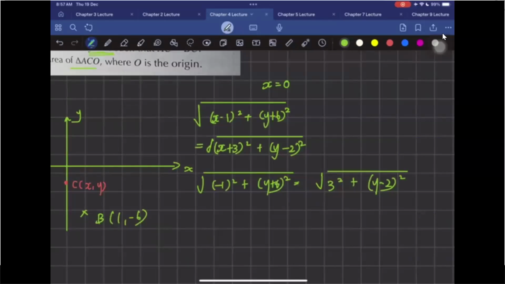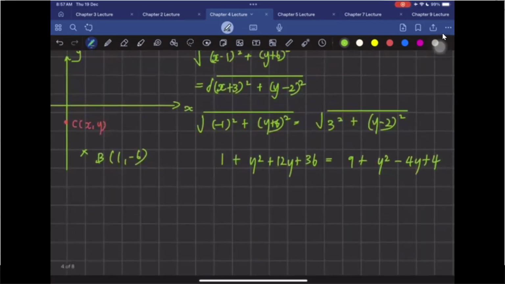So you can square on both sides to get rid of the square root. So you get 1 plus, then you expand this, y square plus 12y plus 36 equals to 9 plus y square minus 4y plus 4. Okay, so once you have this, again, just simplify the equation. So y square cancels off.